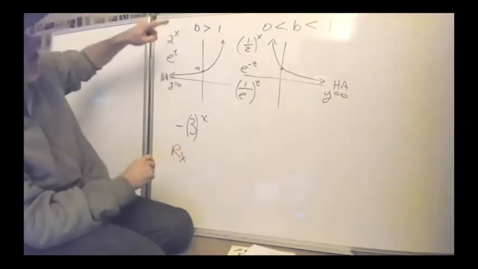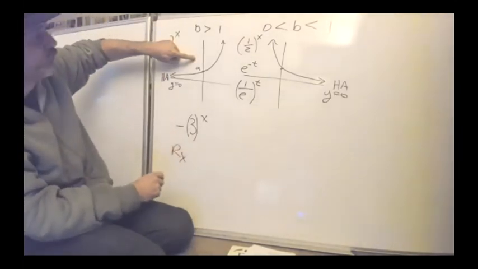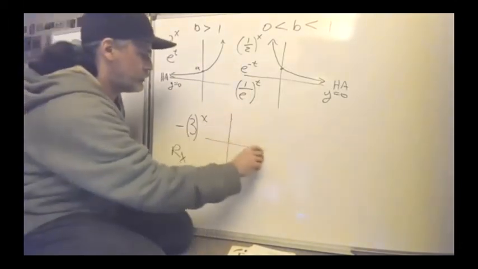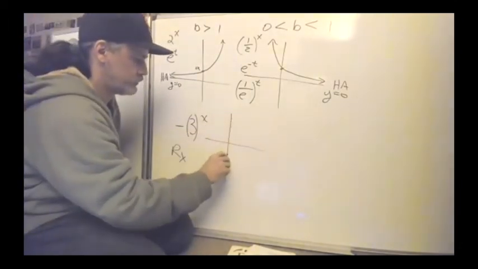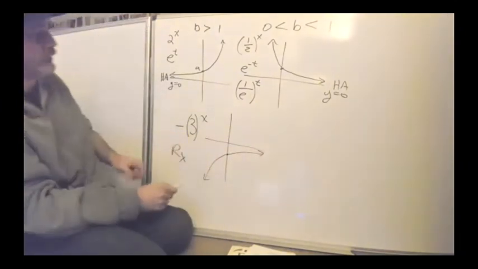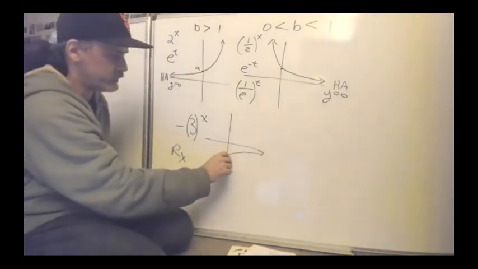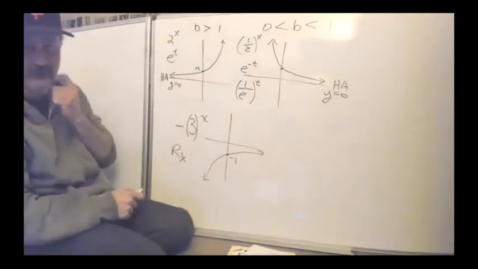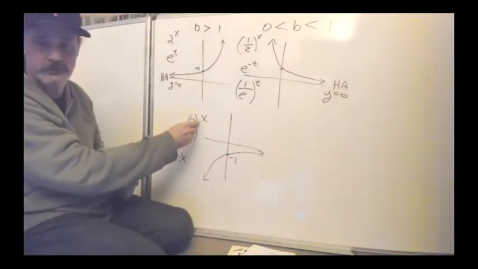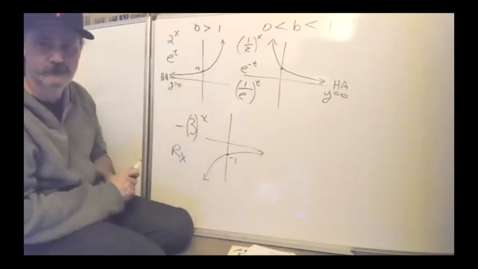So instead of looking like that, it's going to flip over and look like this. And so now, normally, the a would have been 1. Now, right here, this is -1. And you can see that's true. If you replace x with 0, 3 to the 0 power is 1, and then we change the sign.